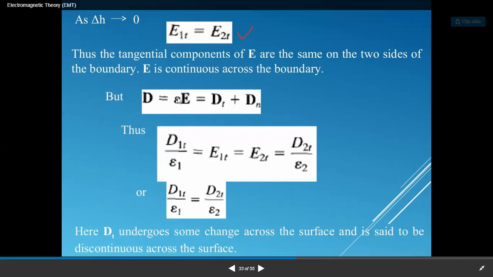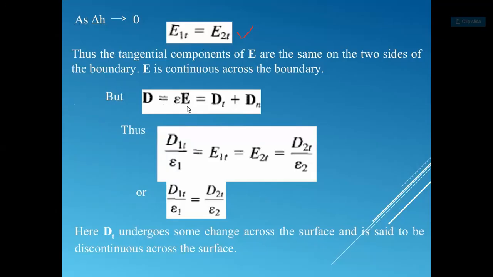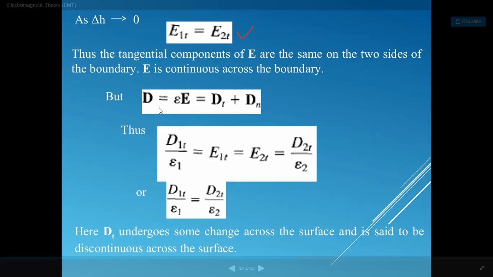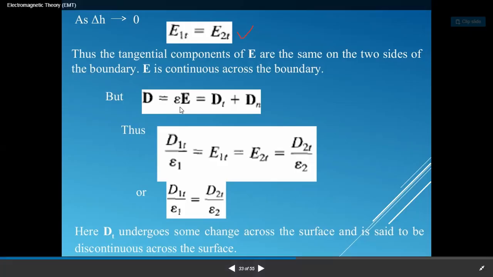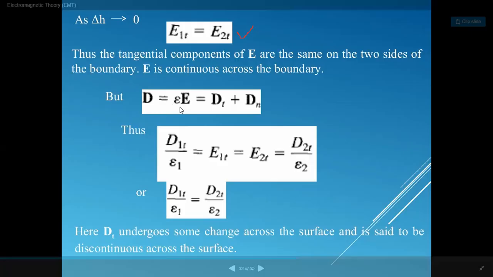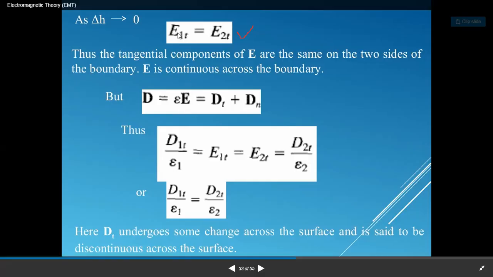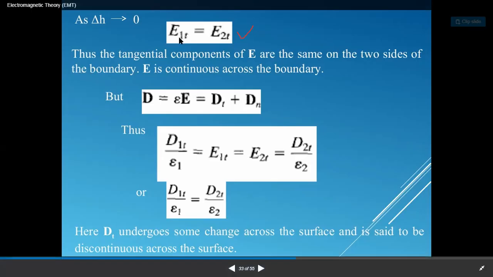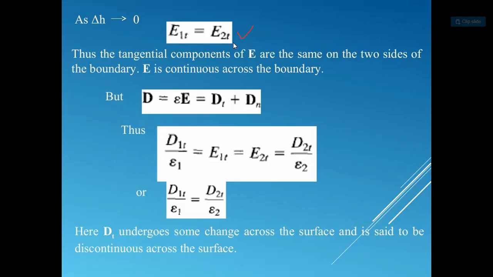Then we know that D is equal to epsilon times E. So E will be D upon epsilon. So E1t will be D1t upon epsilon 1, and E2t can be replaced with D2t upon epsilon 2.